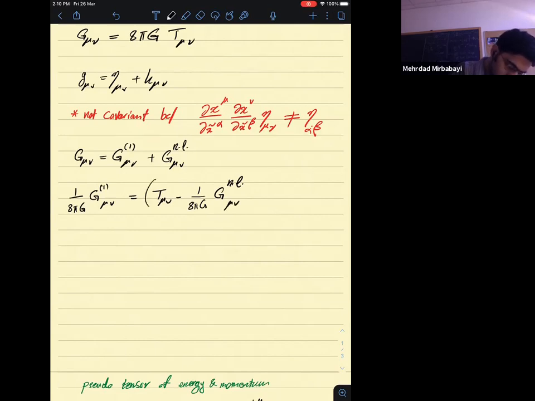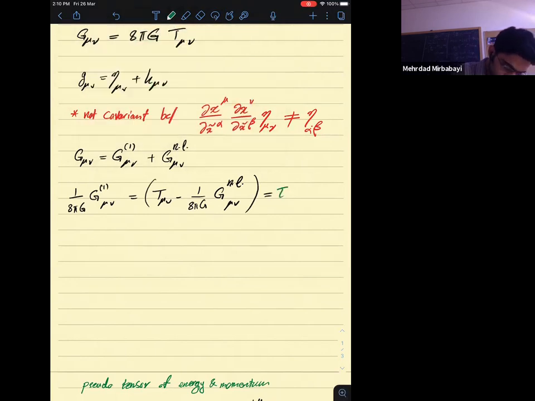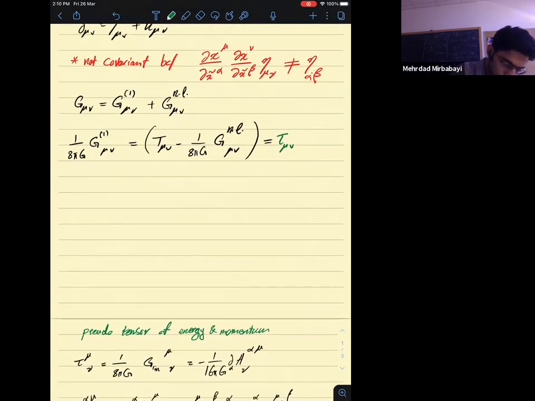Now this object that we have on the right hand side, I call it tau mu nu. And this is called the pseudo tensor of energy and momentum.